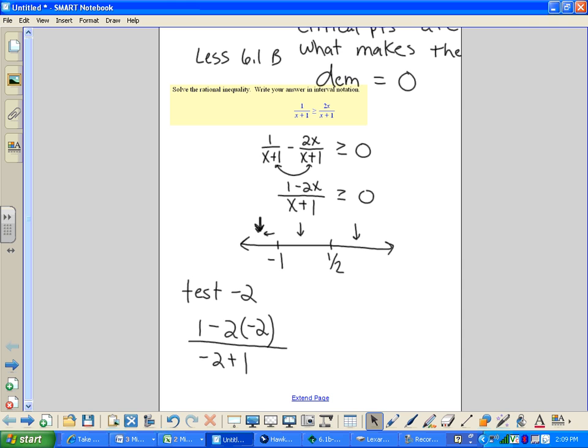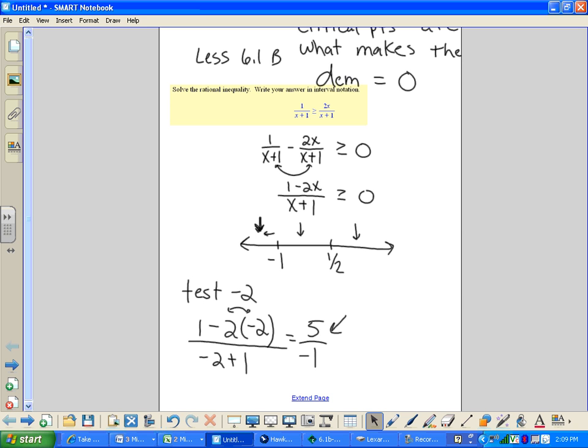Okay, so let's see. This is going to give me positive 4. And then 1 plus 4 would be 5. And on the bottom, -2 plus 1 would be -1. Now, I really don't even need to go past this. What I need to look at is whether this is going to be positive or negative. So when I test -2, this comes out to be a negative.